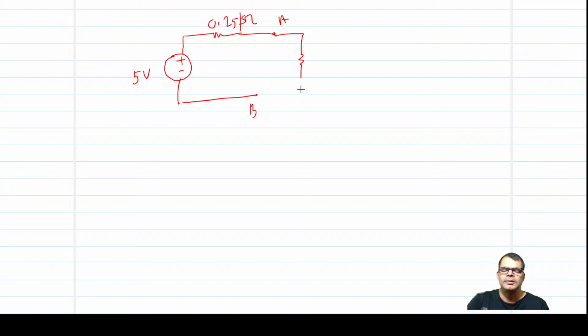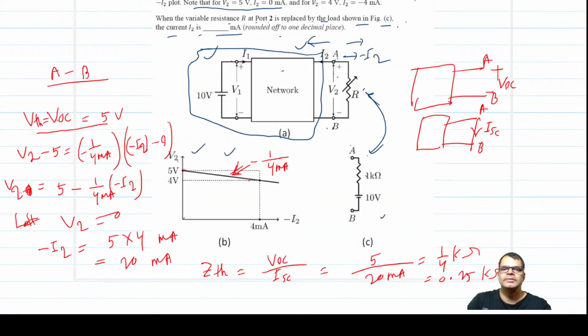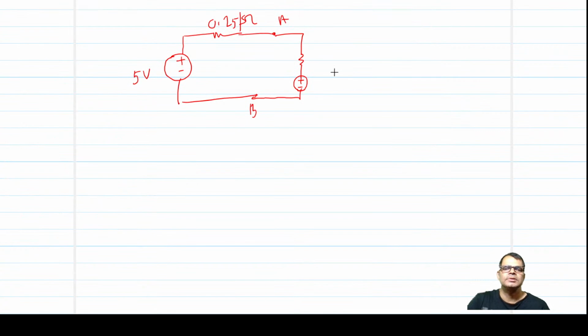Now connect the network given in figure C. What are the values there? The values are 1 kilo ohm and 10 volt. This is your 1 kilo ohm and this is 10 volt. And what is the direction of I2? The direction of I2 is this.